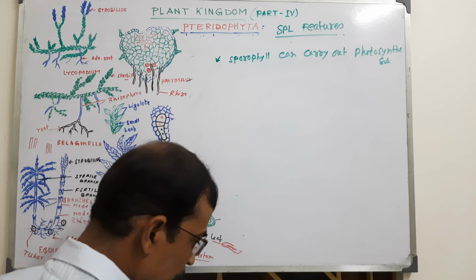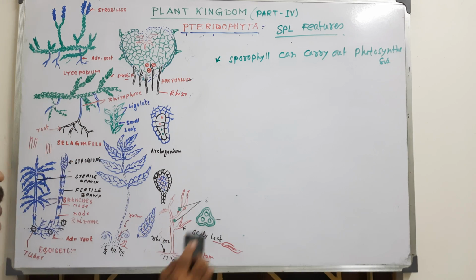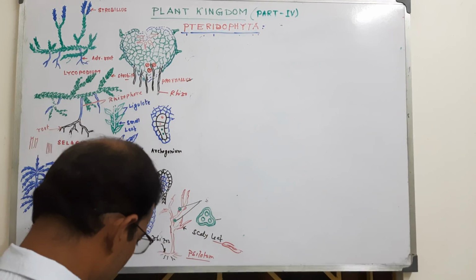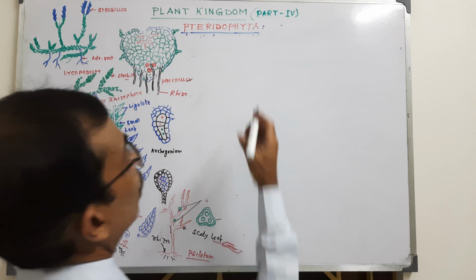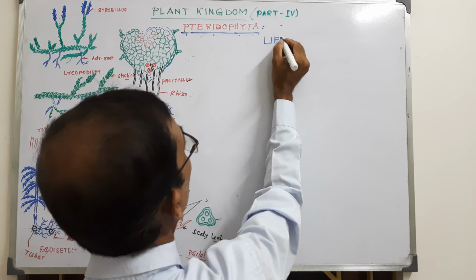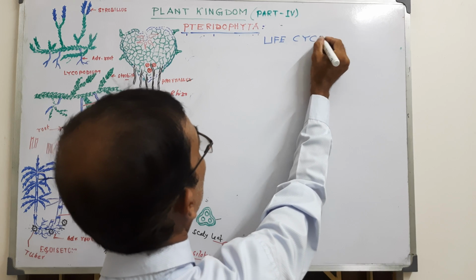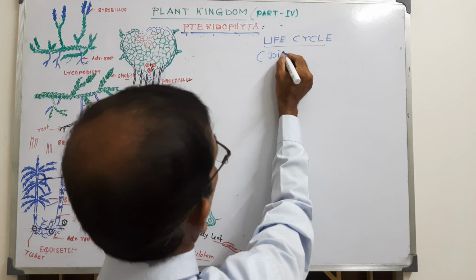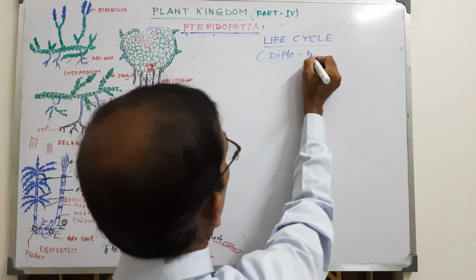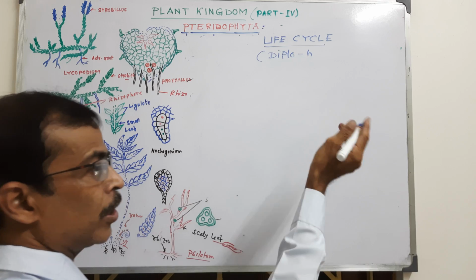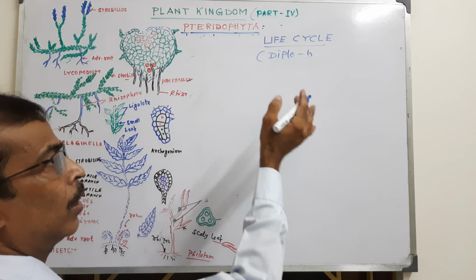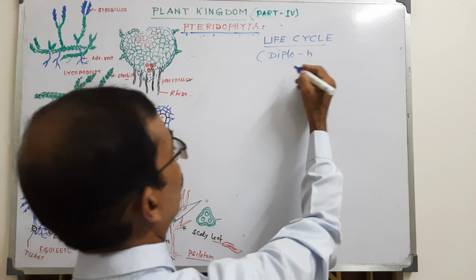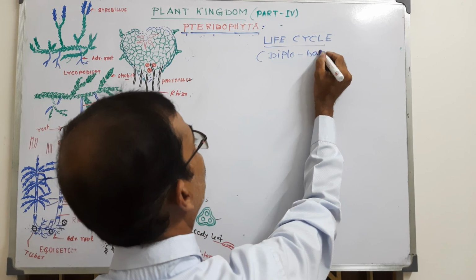Okay, now we discuss the life cycle in diagrammatic representation. First life cycle is diplohaplontic type. That is, the diploid stage and haploid stage are morphologically different and more or less the same in duration.